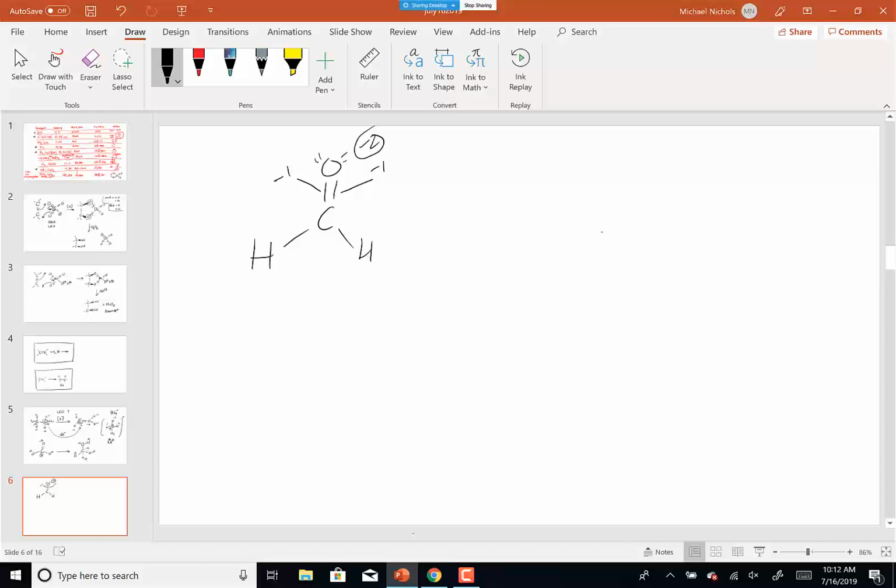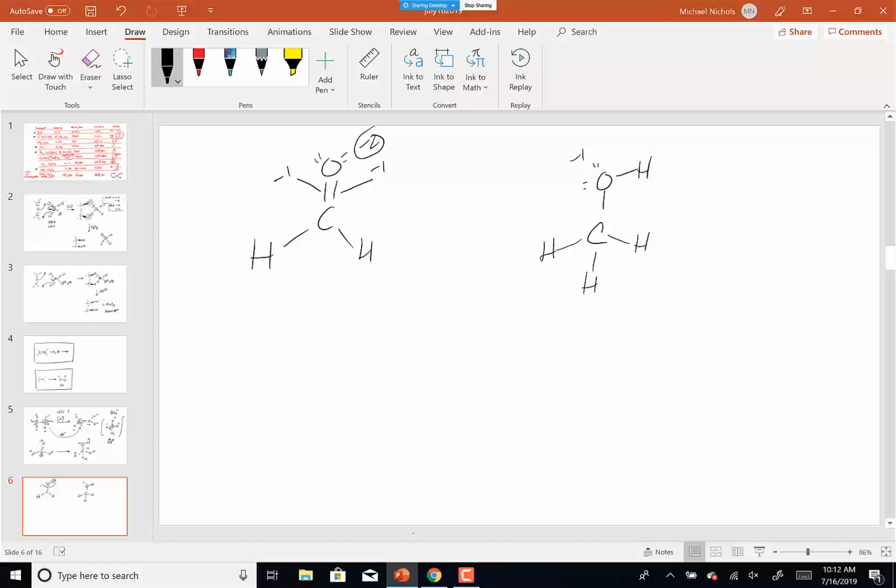Over here with the methanol, looking at the oxygen in the methanol. Oxygen-hydrogen bond, which one is more electronegative? Oxygen, so it's going to take away 1 electron from the hydrogen. Oxygen-carbon bond, what's it going to do?